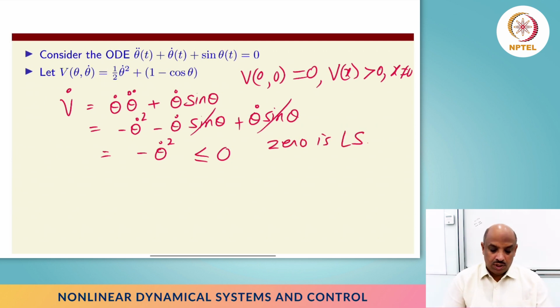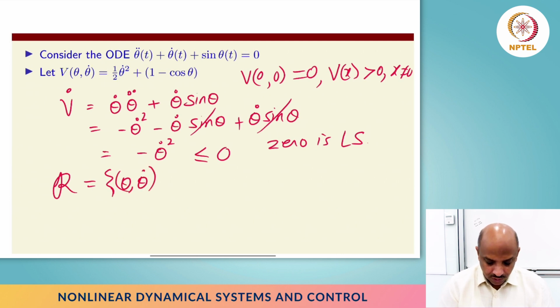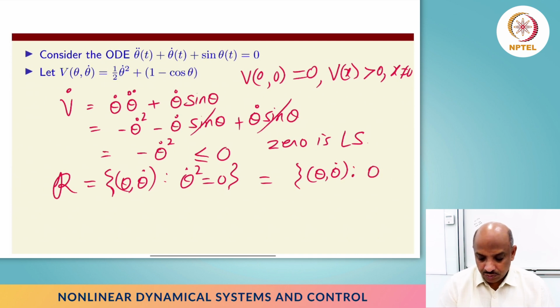Now, what can we say about LaSalle's theorem applied to this, and can we show that it converges to 0, 0? Well, your standard condition is basically theta dot is equal to 0, which is all the points on the theta, theta dot plane such that theta dot is 0, right?